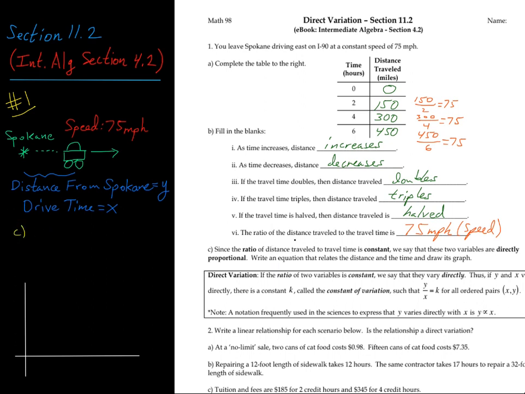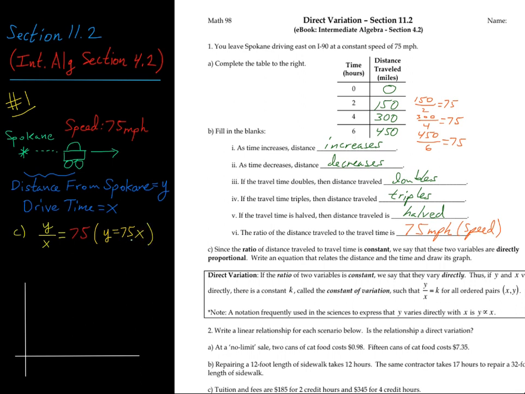As far as the equation goes, if I take any distance y from Spokane and divide it by its corresponding drive time, this always comes out to be 75, simply the speed of our car. A slightly different way to write this is to move the x over and say y is equal to 75 times x.